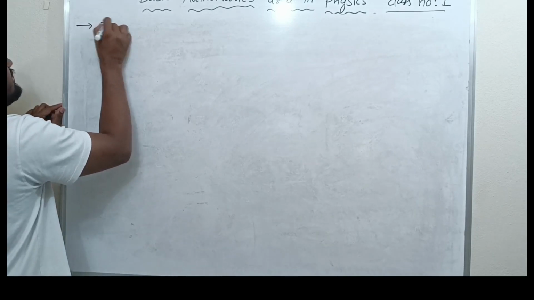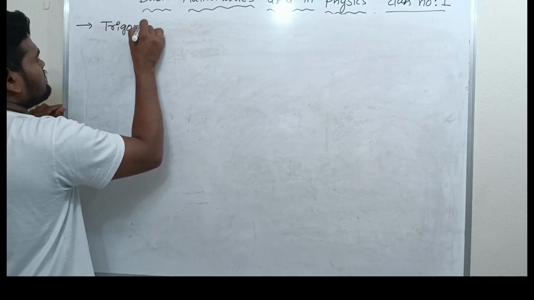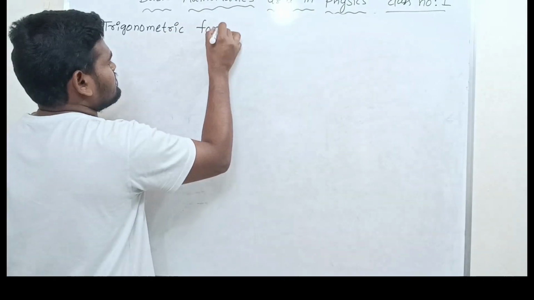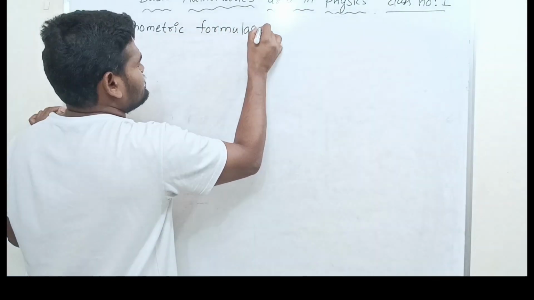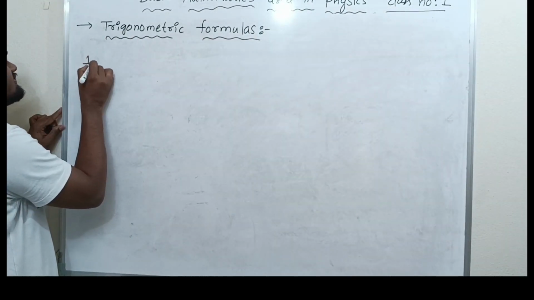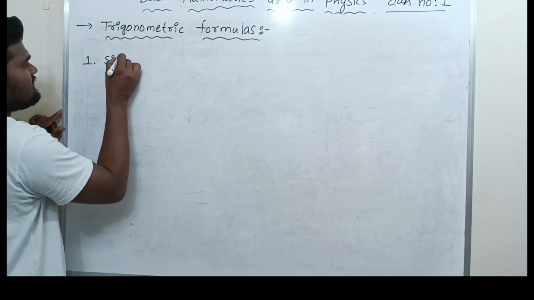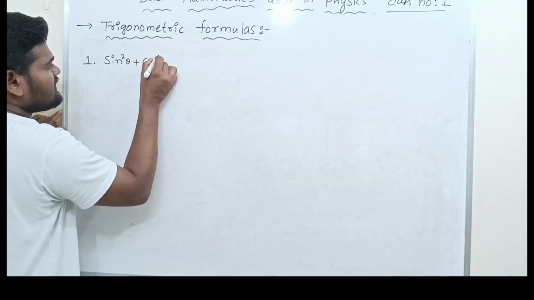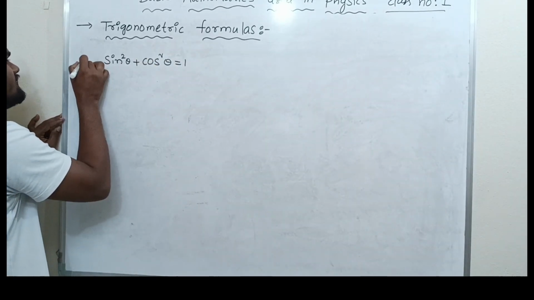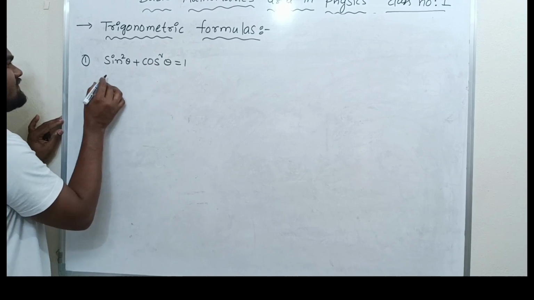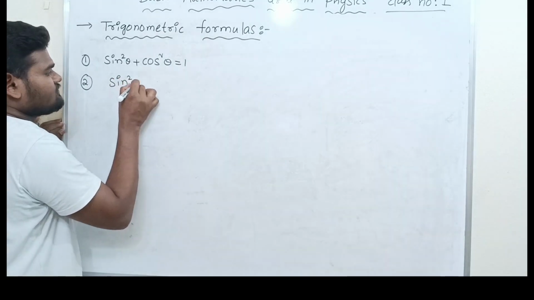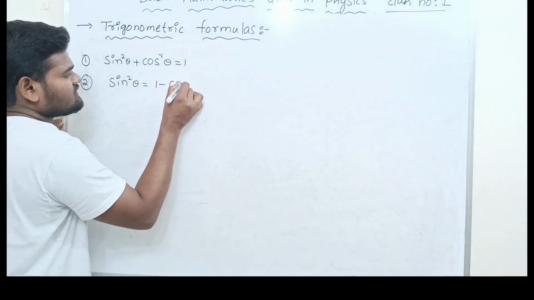Trigonometric formulas. The first formula is sin square theta plus cos square theta is equal to 1. From this formula we can write the second one: sin square theta is equal to 1 minus cos square theta.